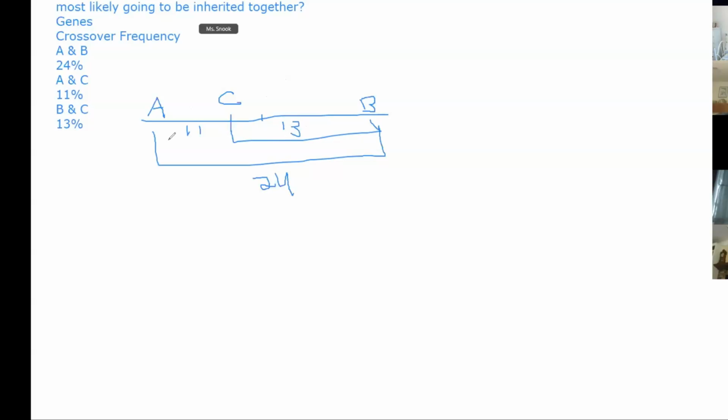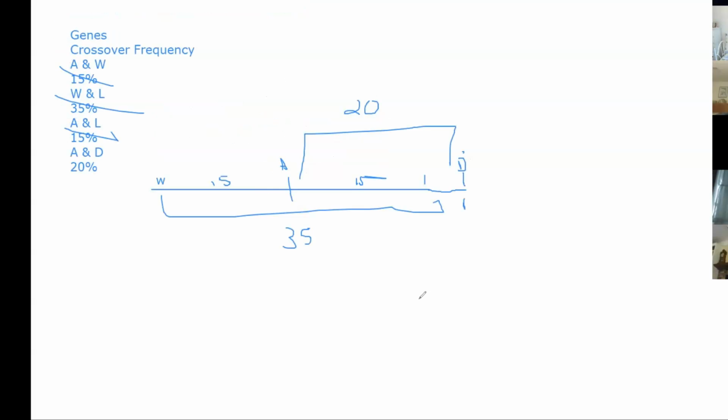Does that make sense? If crossover occurs more than 50% of the time, you can assume that these two genes are on separate chromosomes, and so they're sorting independently rather than having a crossover event. Any questions on that one? Or any others from this packet?